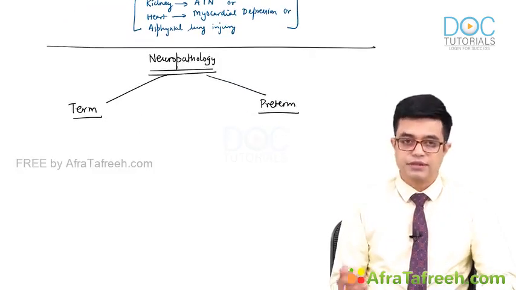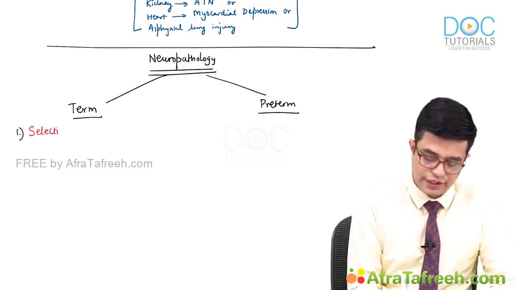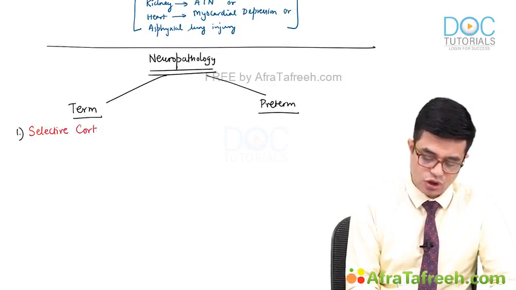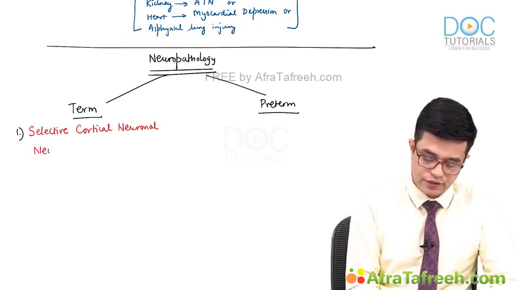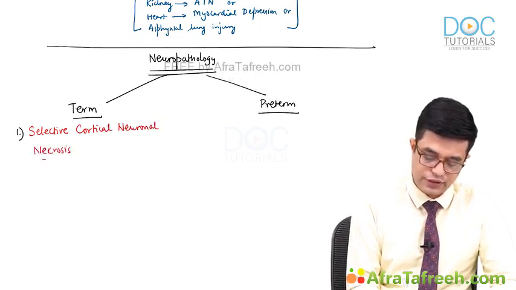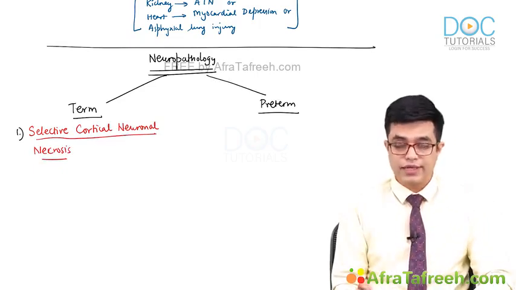In term babies, the first thing that happens is a group of lesions called selective cortical neuronal necrosis. So there is ischemic necrosis of the cortical neurons, right?